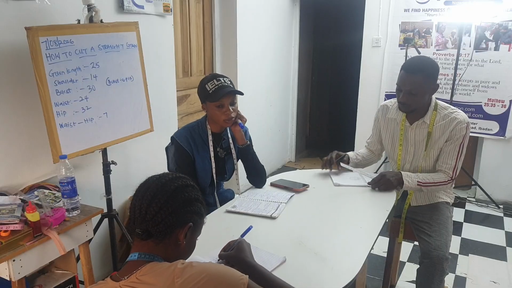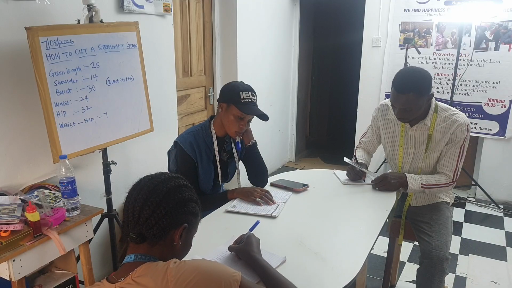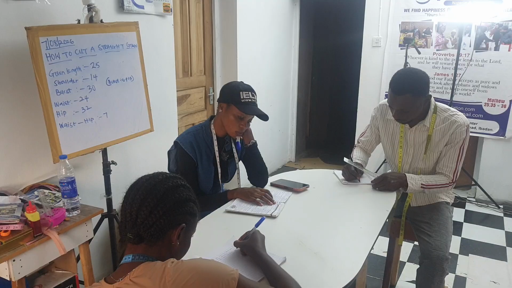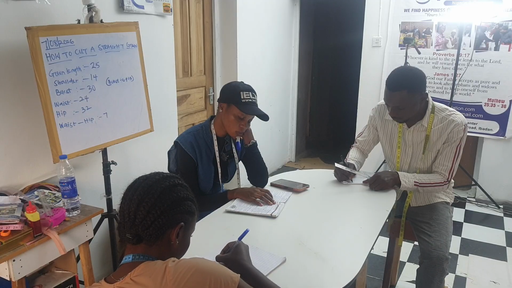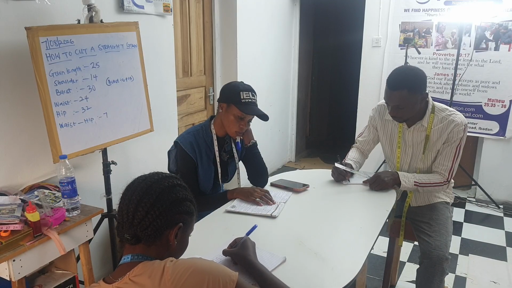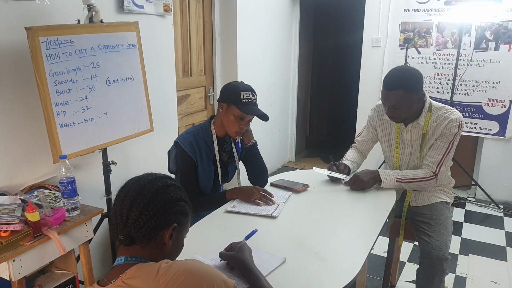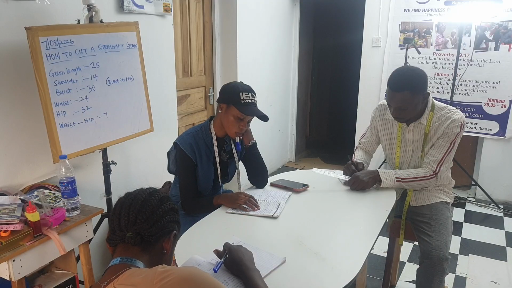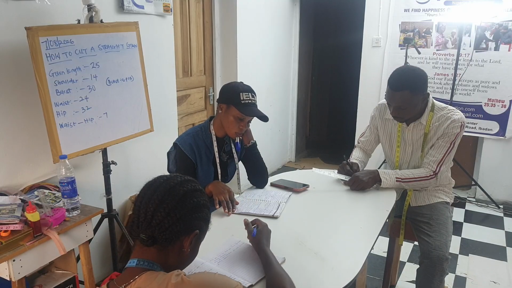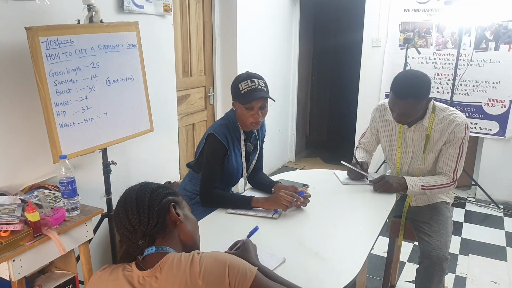On your waistline, divide your waist by 4 plus stitching allowance. And on your hip line, divide your hip by 4 plus stitching allowance.